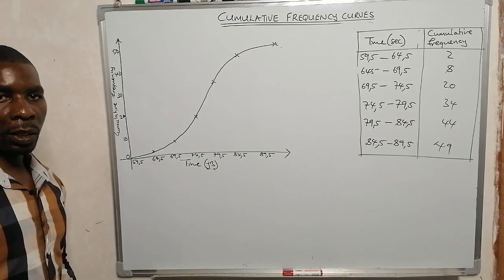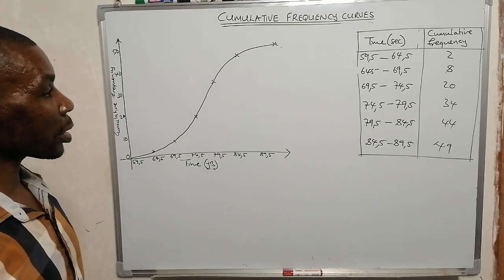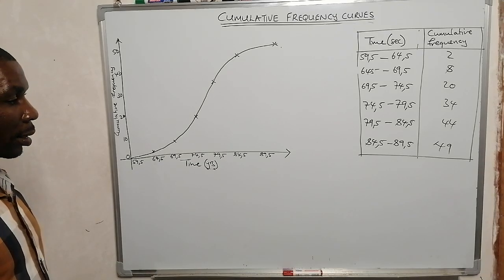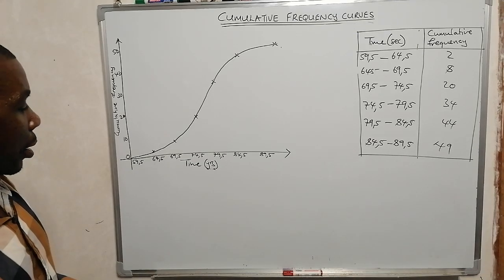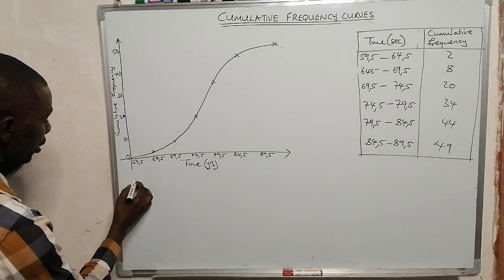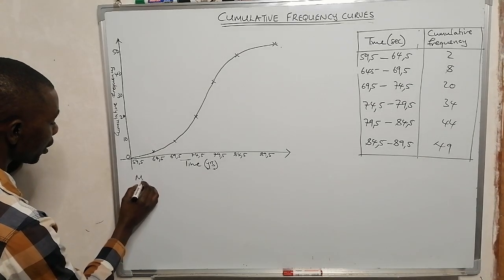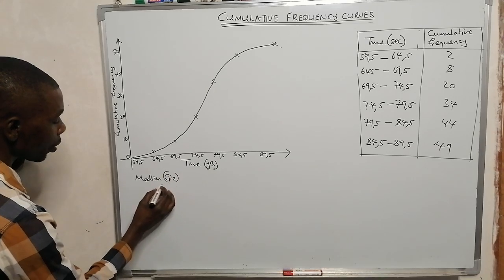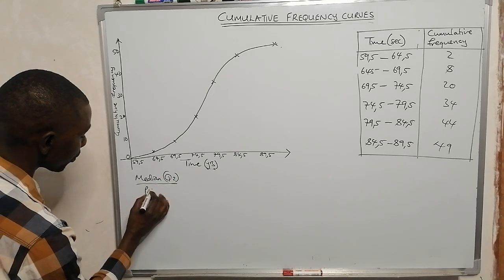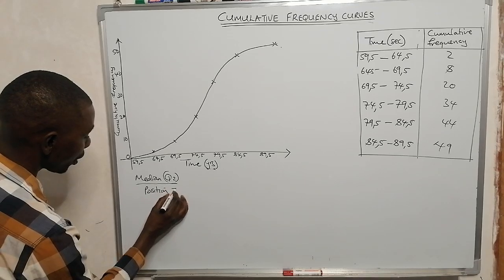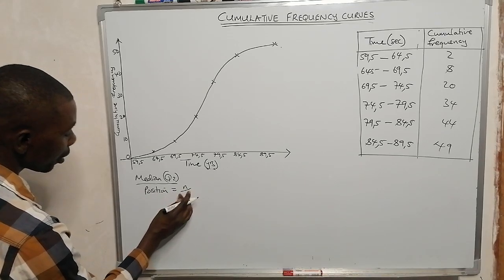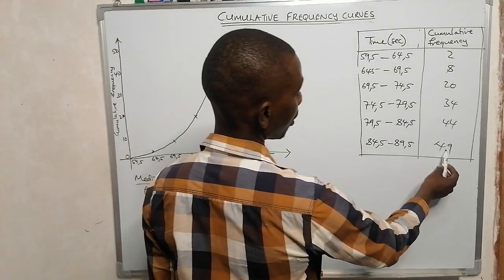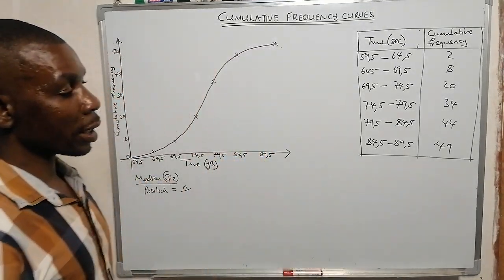Right, so this is how you construct your cumulative frequency curve from grouped data. Now we want to find the median. Remember that's Q2, the median. We are going to say position is equal to n plus 1 over 2, the term, because here we have 49, which is an odd number.